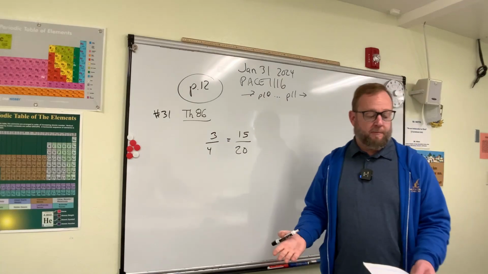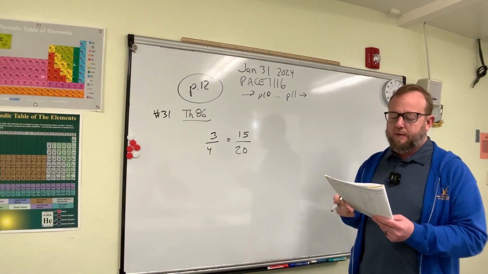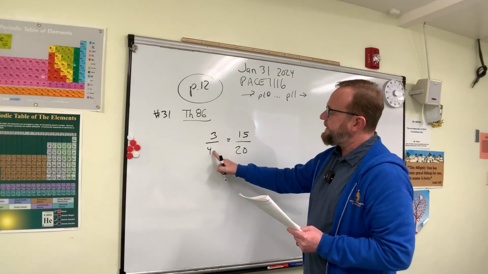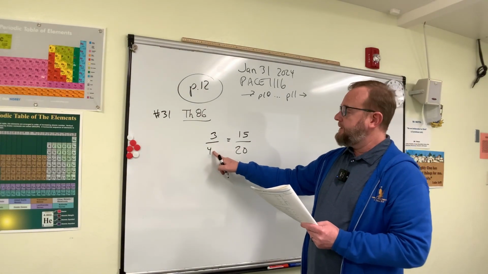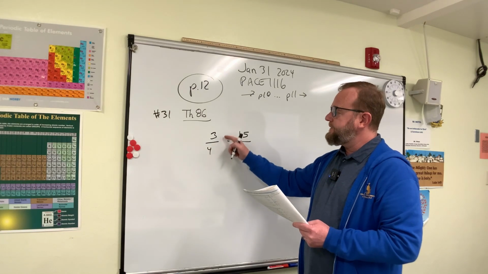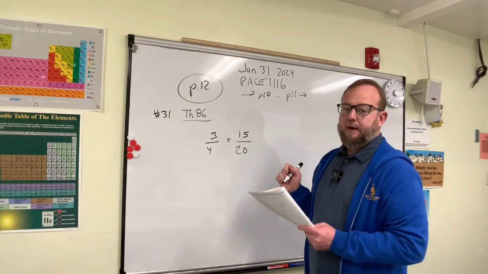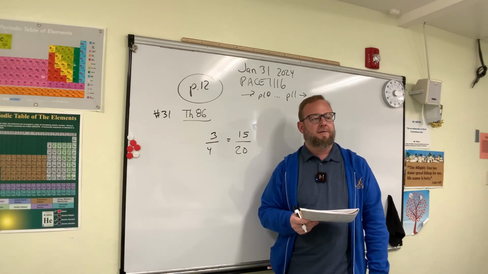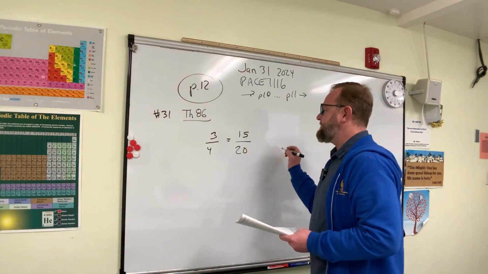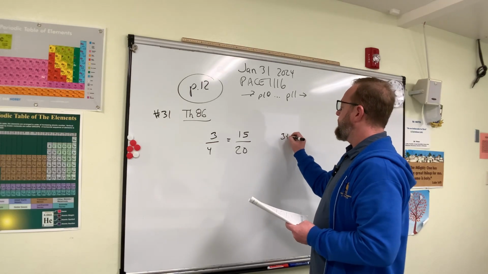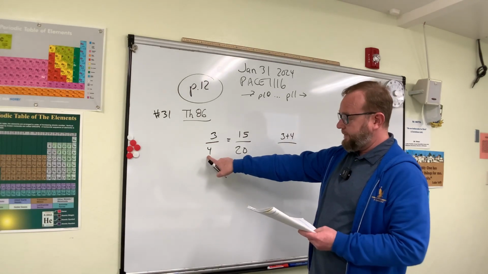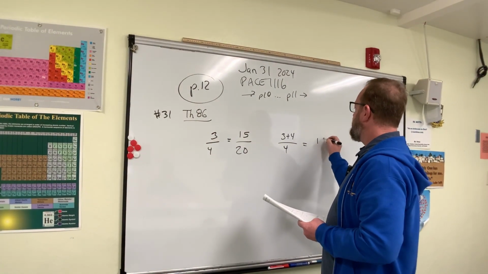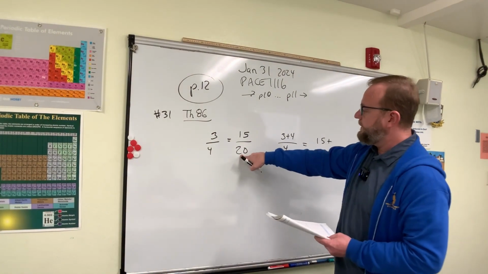That is a proportion. The addition piece of theorem 86 tells me that I can add the denominator to the numerator and it still remains a proportion. Does that feel like that should work? Let's just test it. 3 plus 4, 4's from here, so I still have my same denominator, equals 15 plus 20.